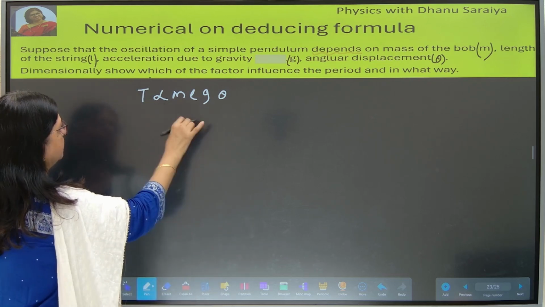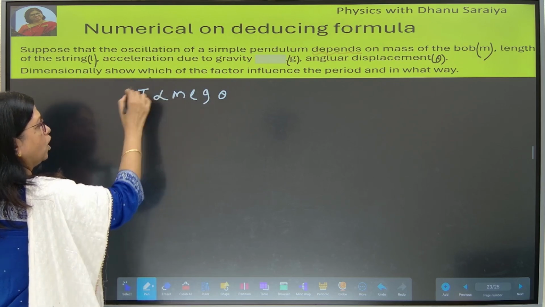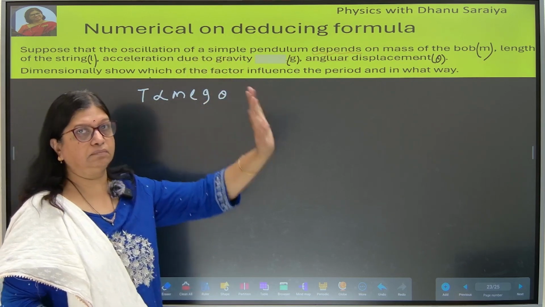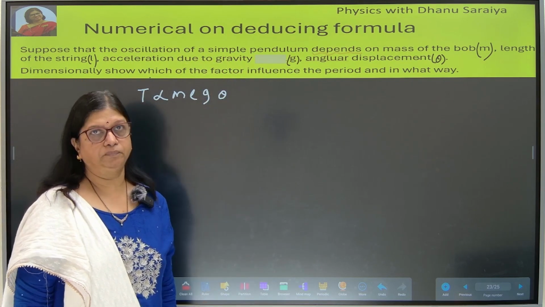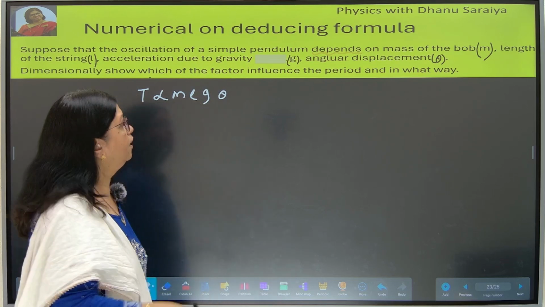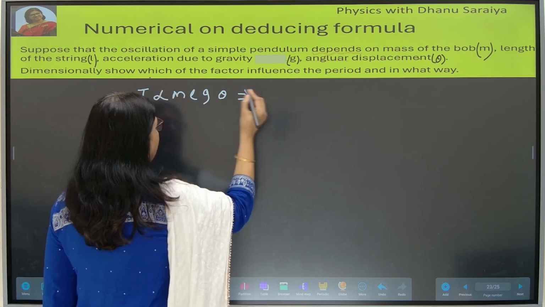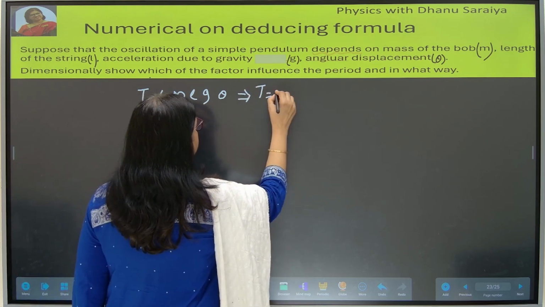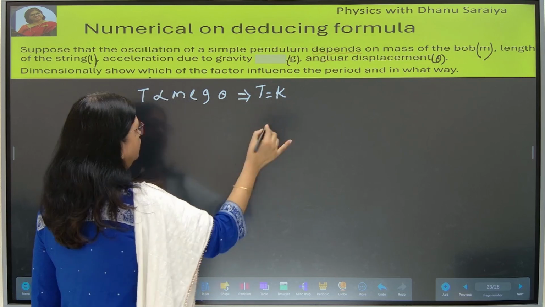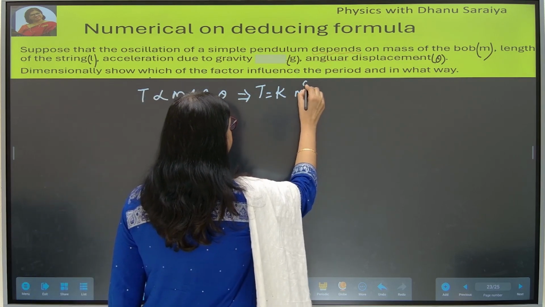So T is proportional to M, L, g, theta. From where did I get this proportionality? Because it is depending. That you remember. Now once we have this proportionality, we convert it into an equation with a constant K. K is a constant which is dimensionless, and we give the powers.